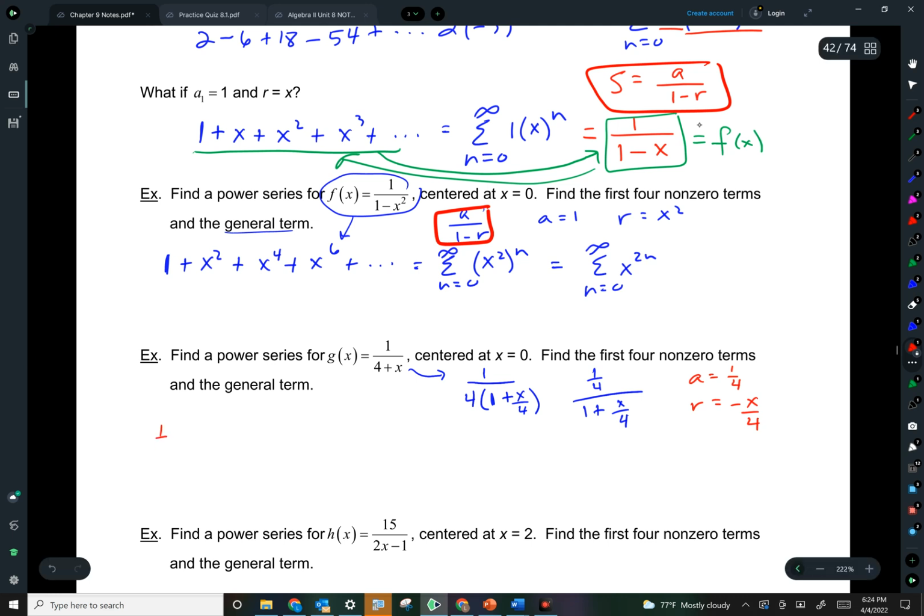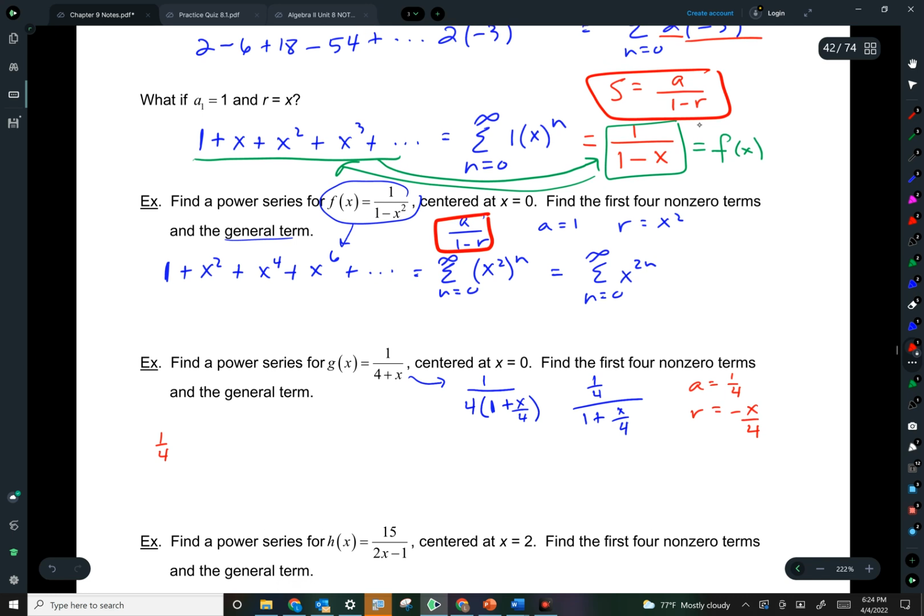My first term is 1/4. If I multiply by negative x over 4, it's going to become negative x over 16. And if I multiply again by negative x over 4, it's going to become positive x squared over, let's see, 16 times 4 is 64.